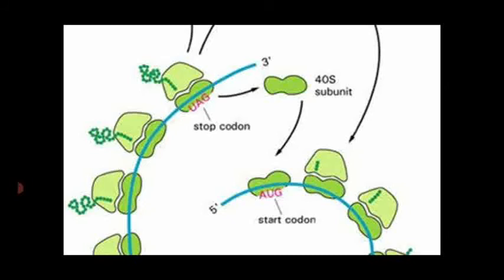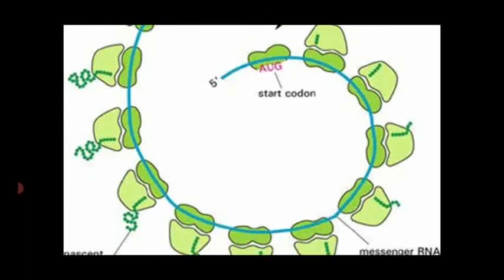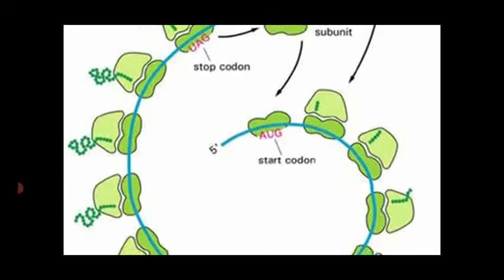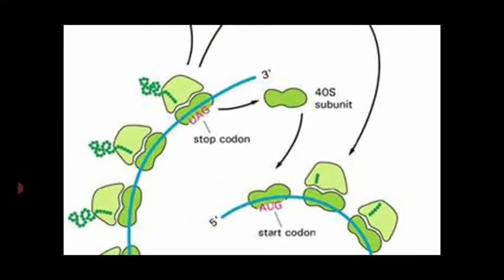Then it ends at the 3' end with the stop codon. What is that stop codon? Methionine is specified by AUG, and UAG or others are the different codons, stop codon and start codon.